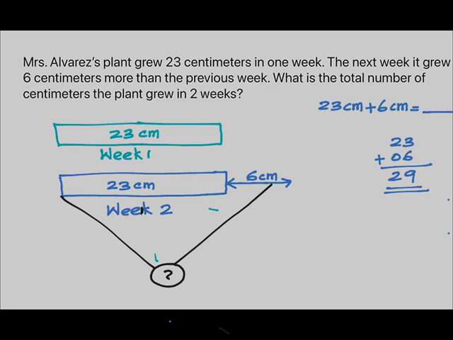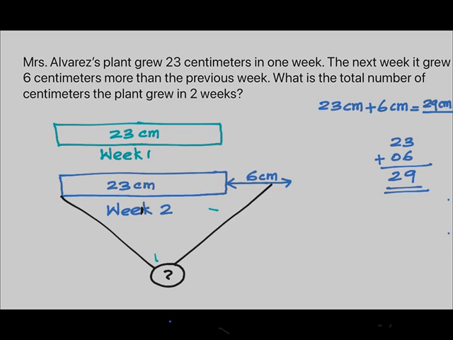So 23 centimeters plus 6 centimeters is 29 centimeters. So what we have to find is, what is the total number of centimeters the plant grew in 2 weeks? That can be found by adding week 1 and week 2 together.